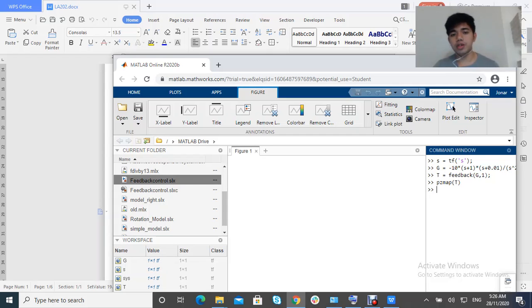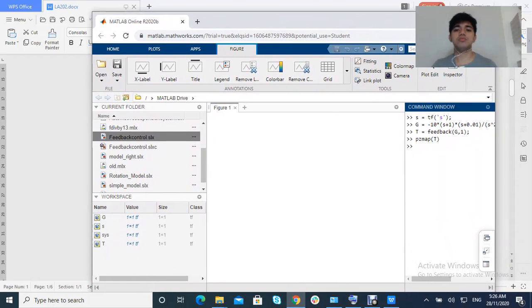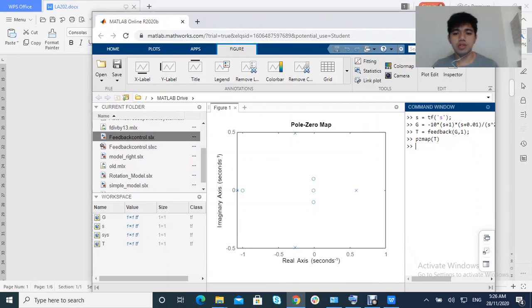Waiting for it, and you can see the figure here. These are the zeros, and these are the poles.